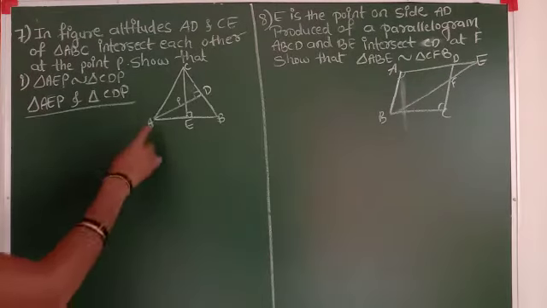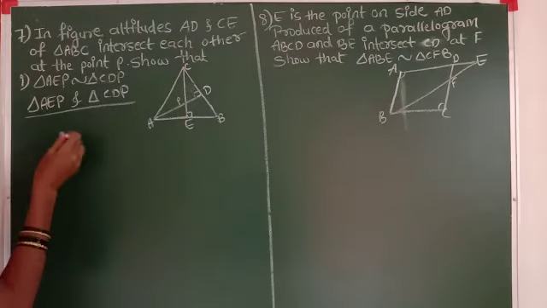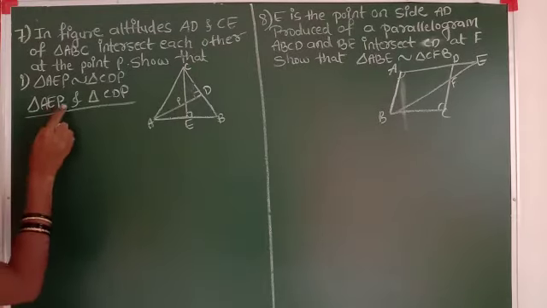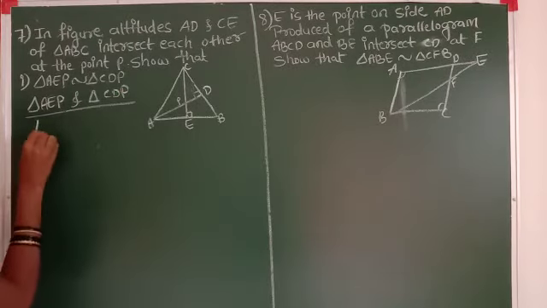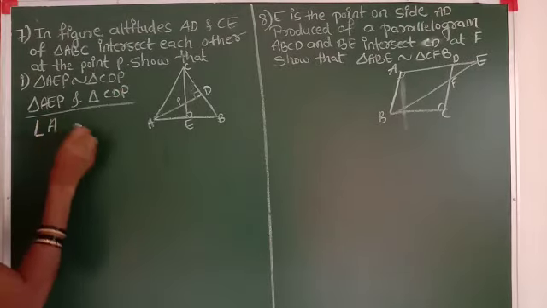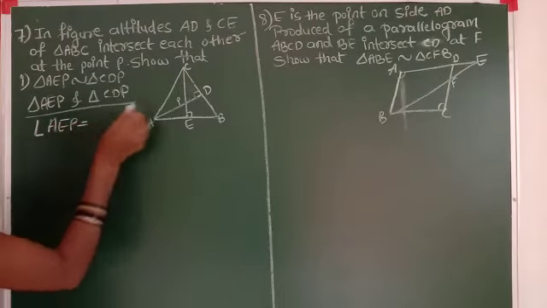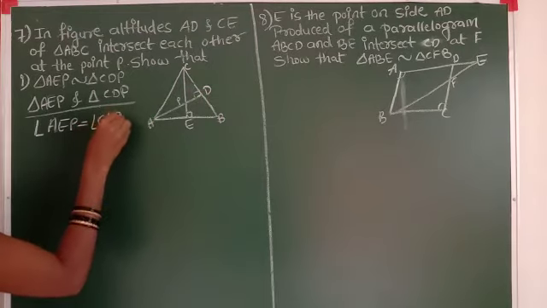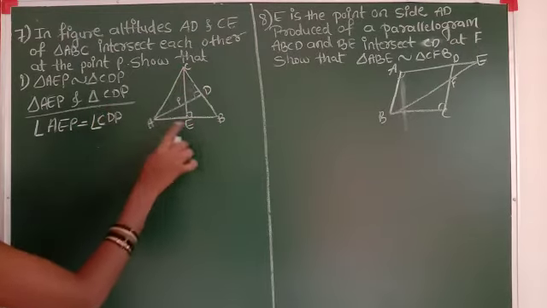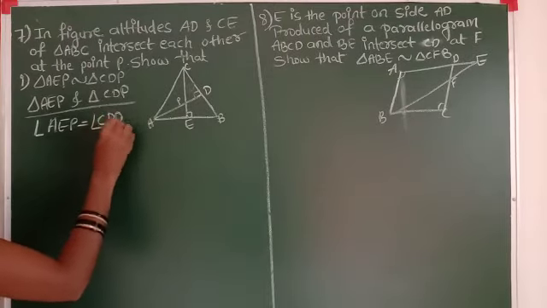Here AD and CE are altitudes, so in triangle AEP and triangle CDP, angle AEP is equal to angle CDP. Both are altitudes, so both angles are 90 degrees.